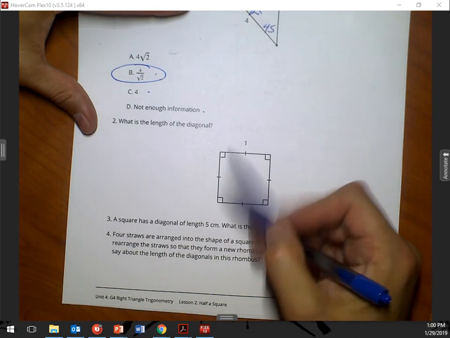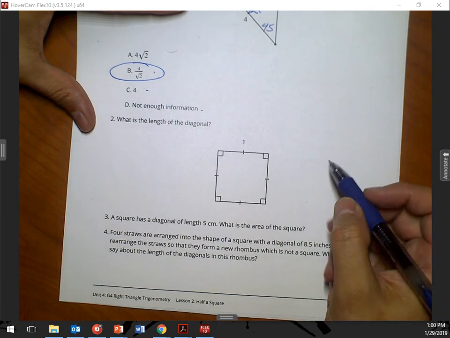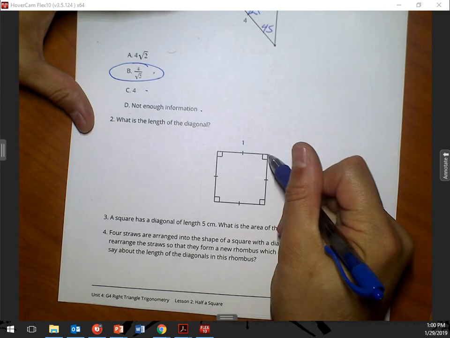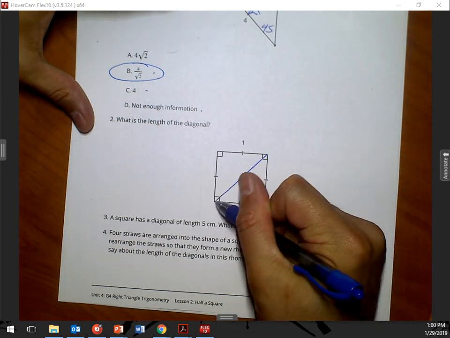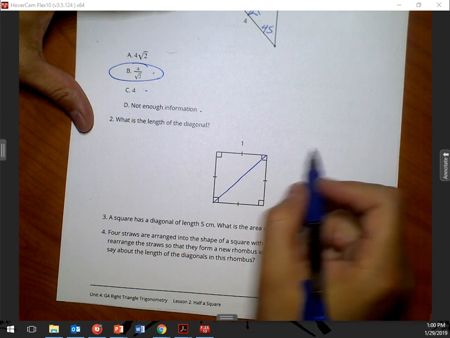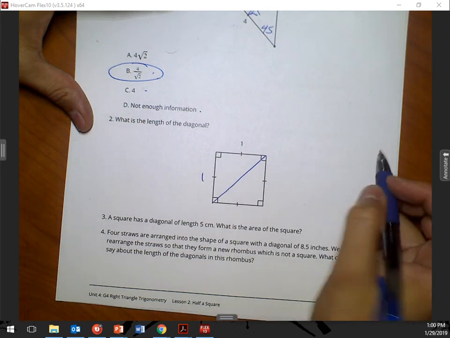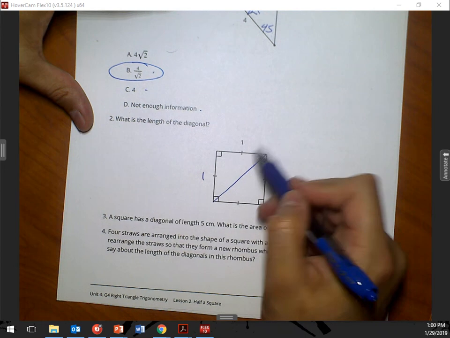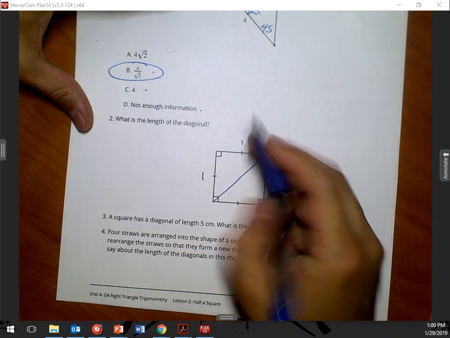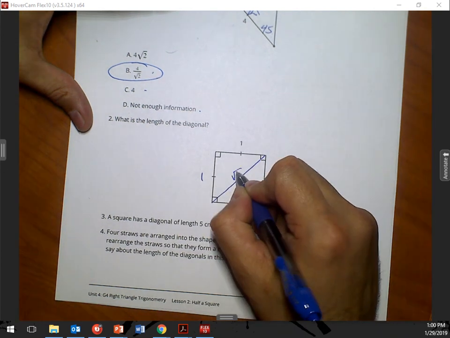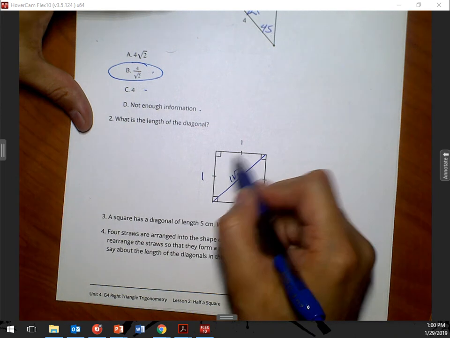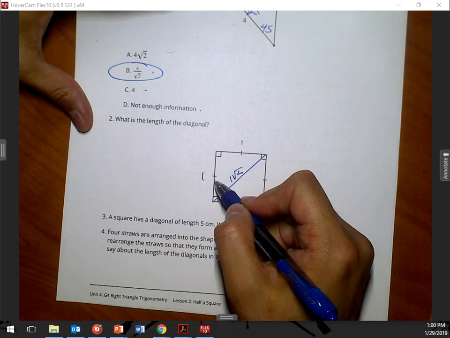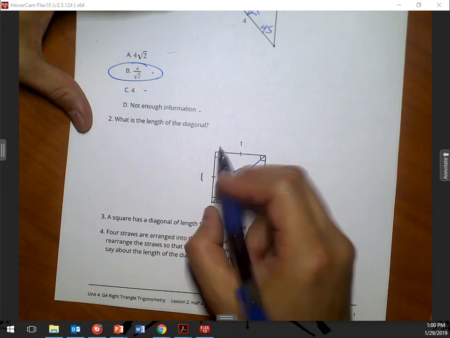Now, let's take a look. If this is a square right here, what's this side over here? 1. What's this side over here going to be? 1 radical 2, right? Because these two sides are the same, that makes this a 45, 45.